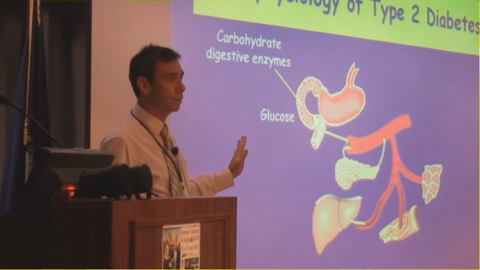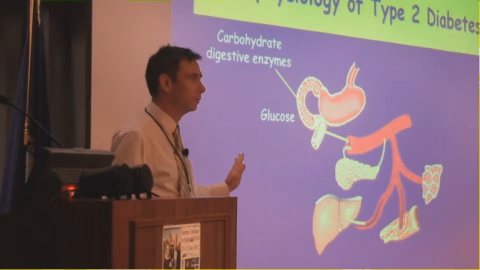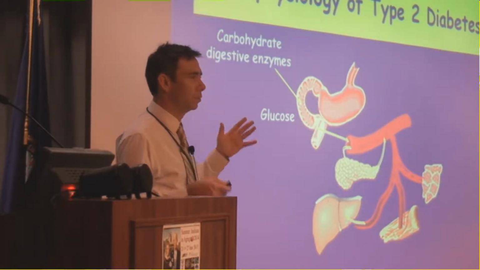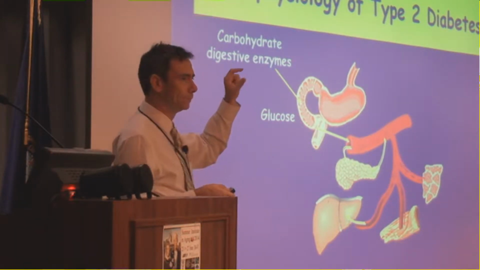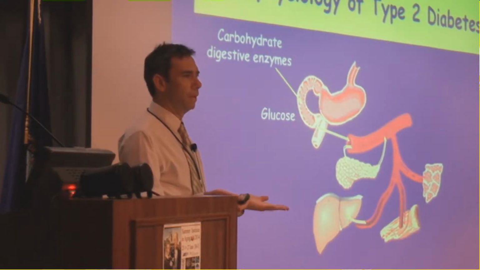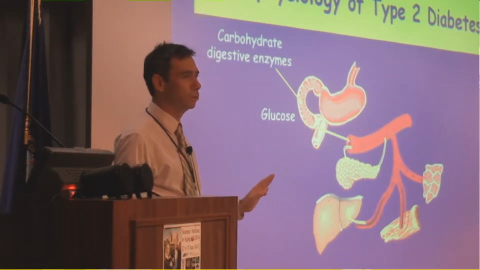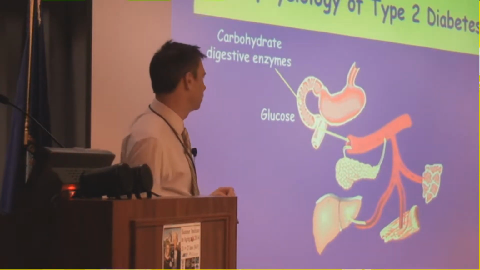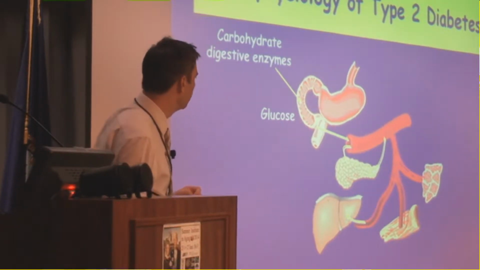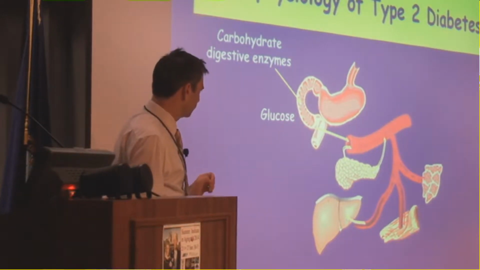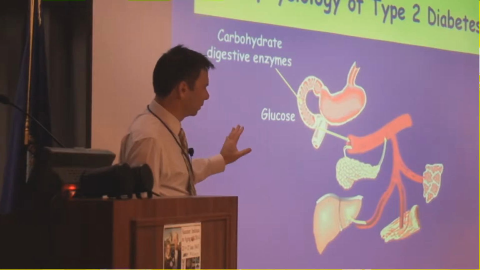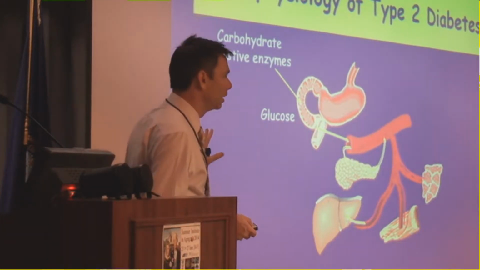So that's another important function of insulin, to maintain glucose at the normal level. One is to make the muscles take up the sugar from the blood, and the second is it puts the brakes on the liver so it doesn't make too much sugar. So that's how insulin works.